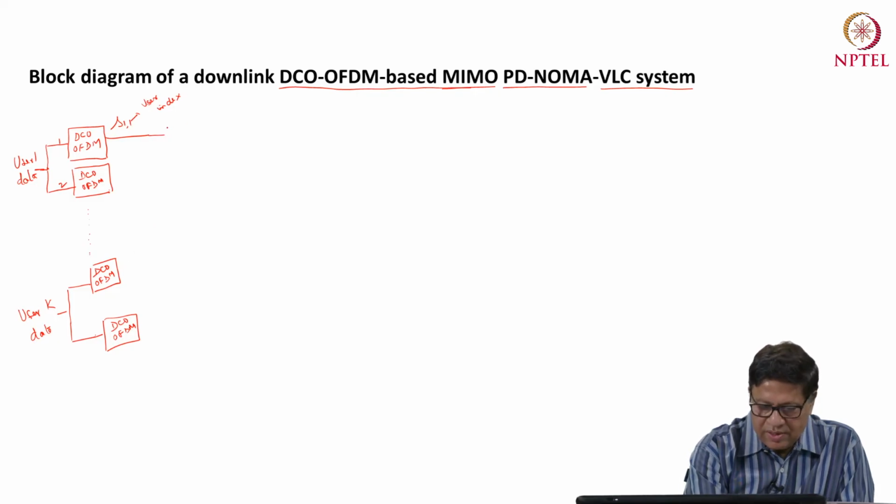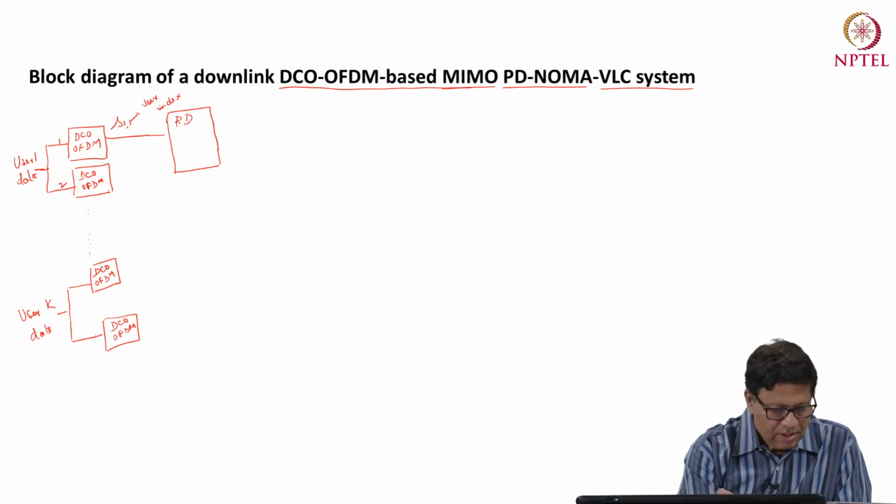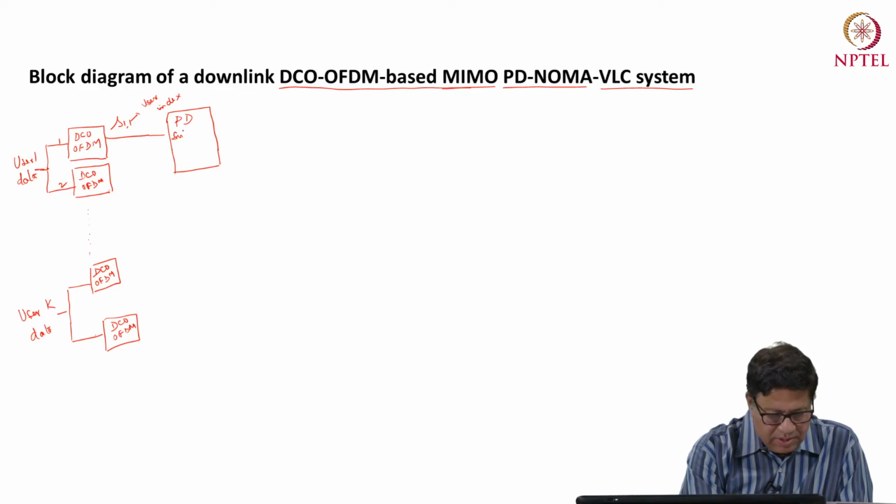goes to a unit which is power domain superposition, and we are also giving DC bias because here I am using DCO-OFDM.